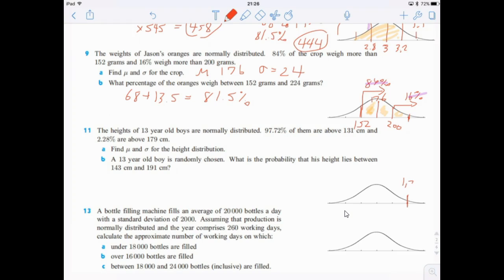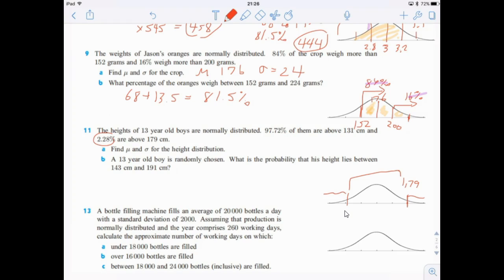Okay, so let's see, 179 centimeters. Actually, we know this value here corresponds to the outside standard deviation values here. Remember how the middle section here is 95%, right? The middle 4 sections is 95%.